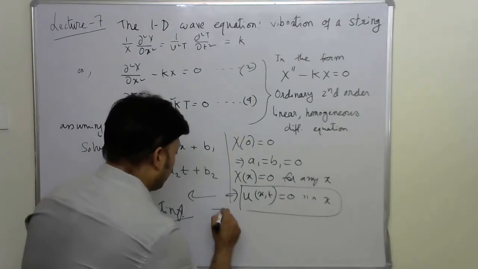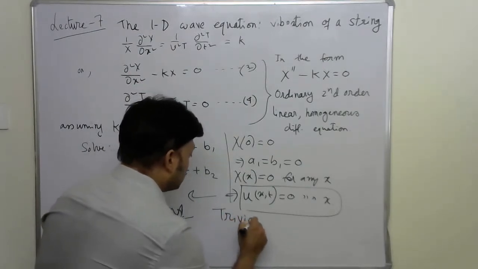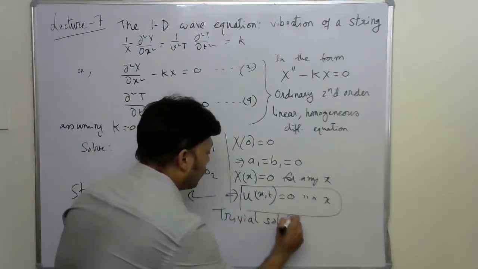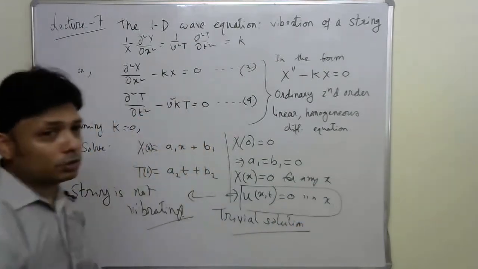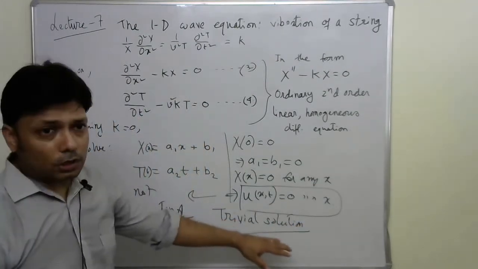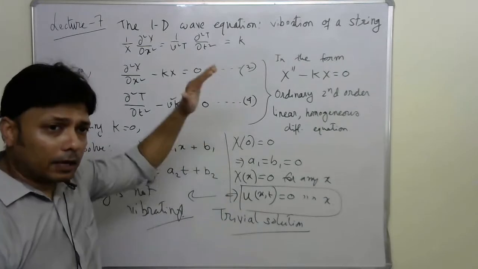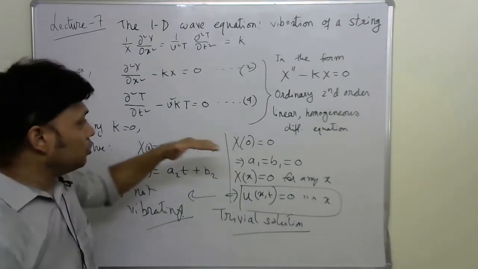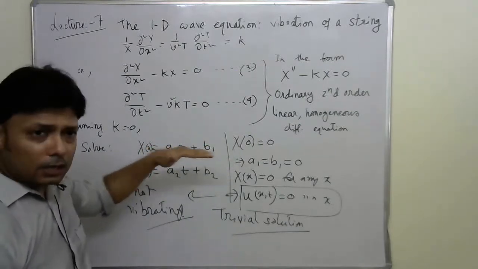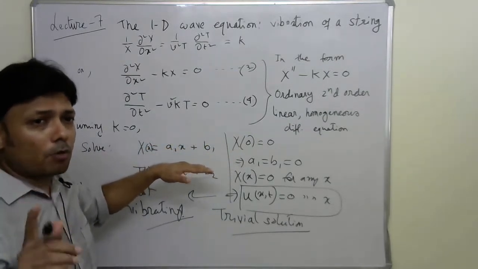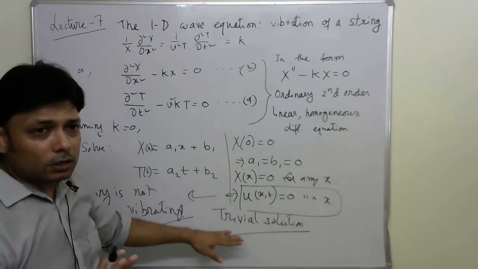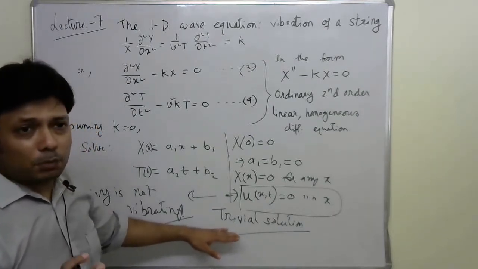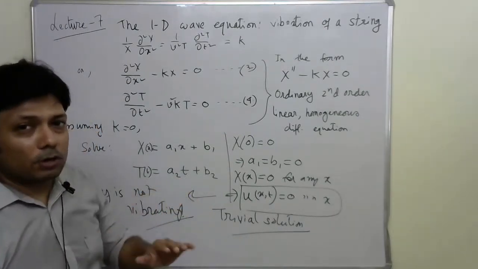This is definitely a case of a trivial solution, and we have already seen how trivial solutions appear. This trivial solution is also a solution of the entire set that gives you a very basic condition. That means the string not vibrating, the string lying in equilibrium position, is also a possible solution, but we are not interested in that because that gives us a picture that the string is not vibrating at all.